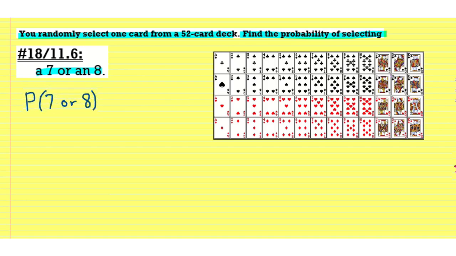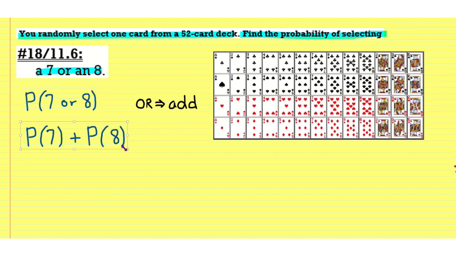Remember, when finding the probability of one event or another event, we add the probabilities. So I am going to rewrite this as the probability of pulling a 7 out of the deck plus the probability of pulling an 8 out of the deck.